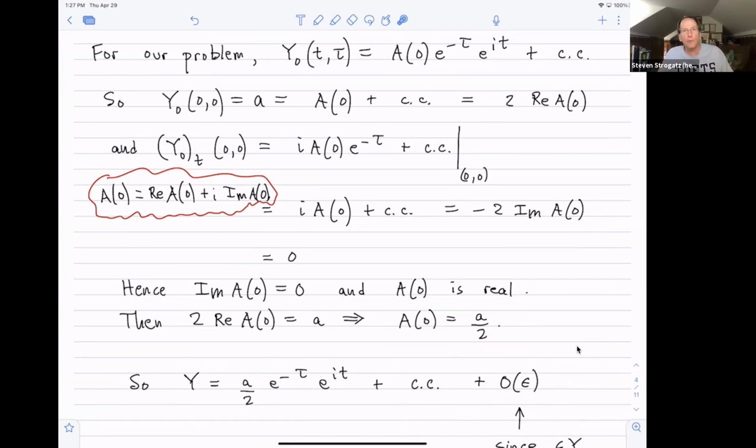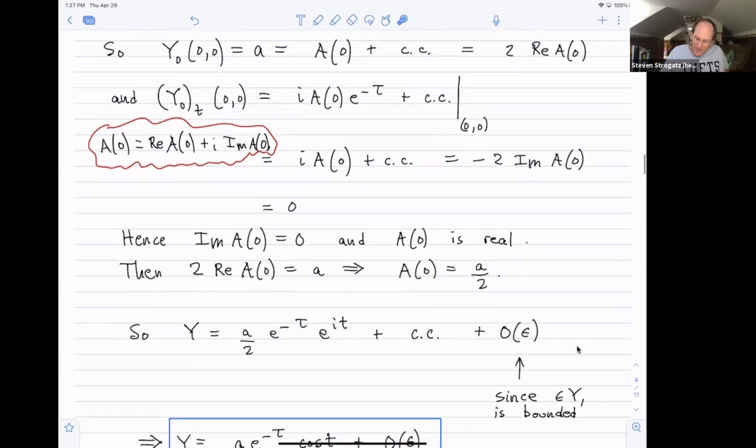The only reason we dealt with the y1 equation was to get the amplitude equation for A. We don't really need the y1 correction because it's bounded, and so this term epsilon y1 is just simply small. We could include it if we want to, but we don't really need it.